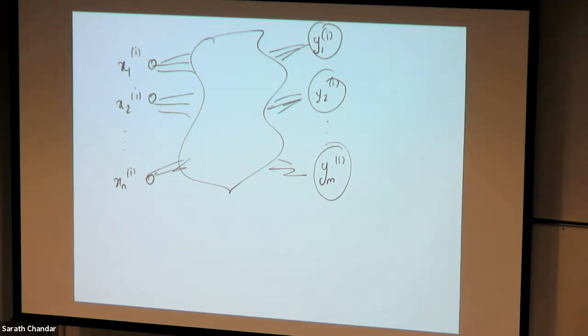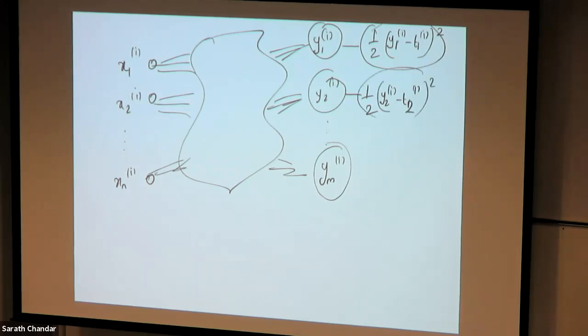So the error for the first output is given by 1 over 2 times (y1i minus t1i) the whole square. This is the error just for the first output. Similarly, the error for the second output is given by 1 over 2 times (y2i minus t2i) the whole square.